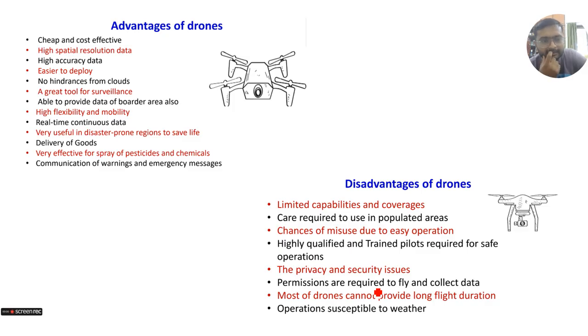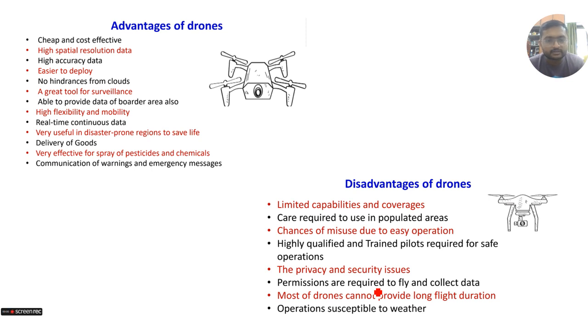A great tool for surveillance, sometimes at borders, and in the current war-like situations, people have used drones for various military purposes also. Then it's able to provide data for a broader area also. If we adjust the instantaneous field of view, by increasing the IFOV, it will provide broader data. Then high flexibility and mobility, and real-time continuous data we can also get from drones.